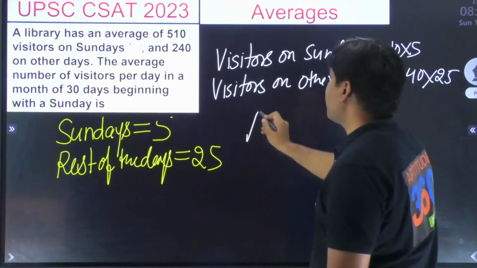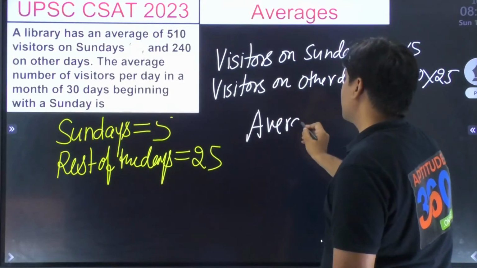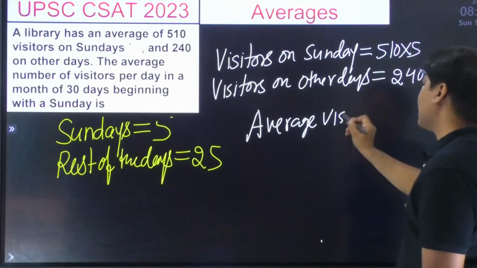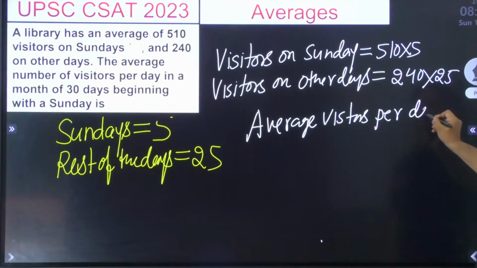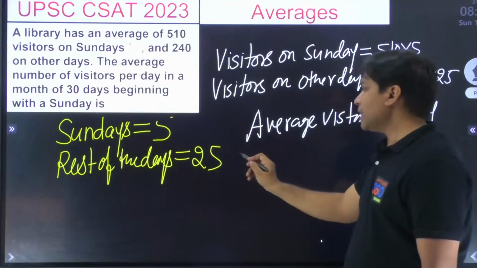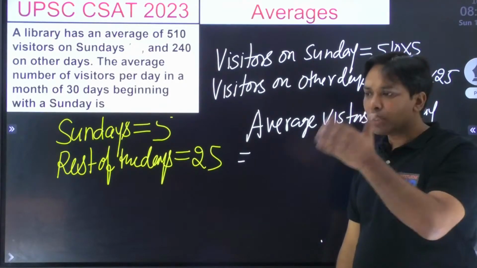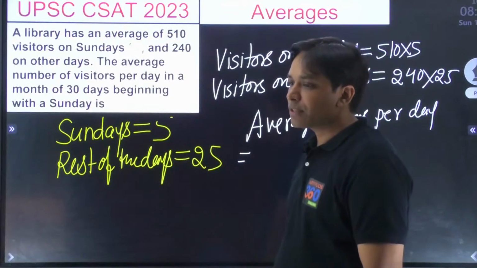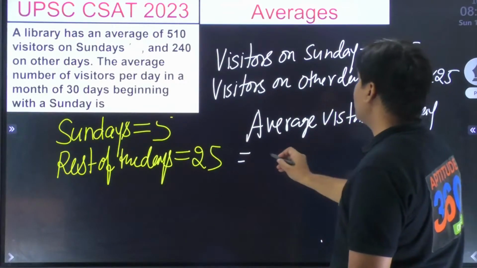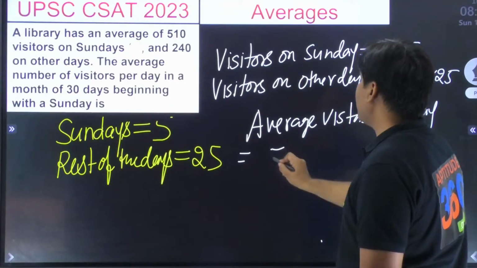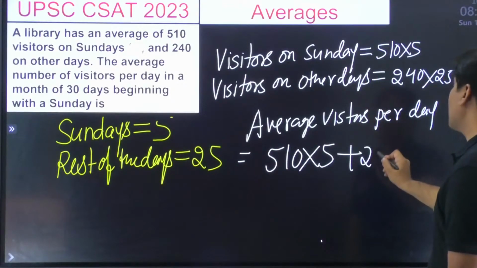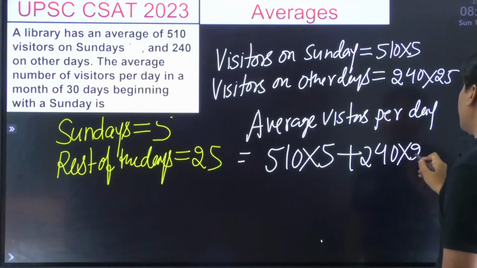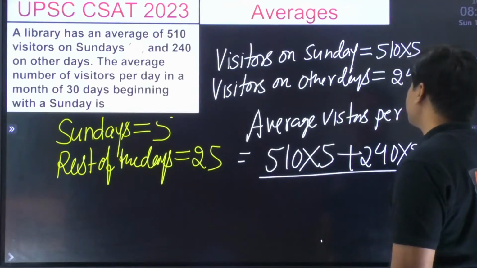So what is the average visitors per day? That's going to be total number of visitors divided by total number of days. Shivam, you're getting the right answer. Good job, Shivam. So what is this? 510 into 5 plus 240 into 25 divided by 30.